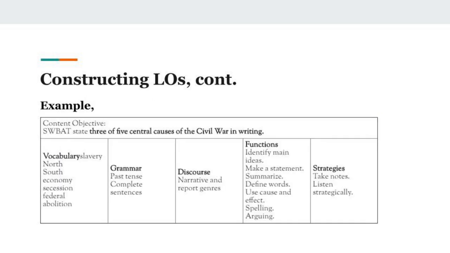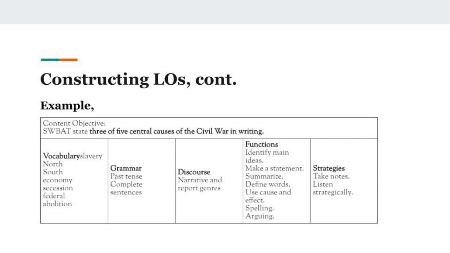Let's take a look at an example from earlier slides. The content objective, students will be able to state 3 of 5 central causes of the Civil War in writing, can potentially challenge an English language learner in many ways.